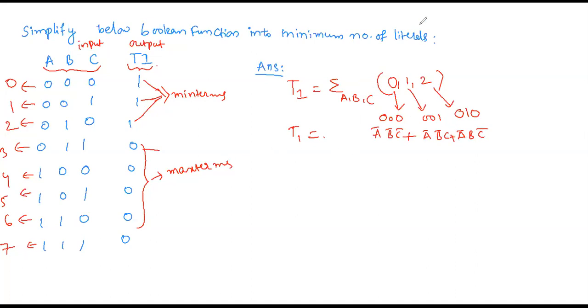So you will get the expression as T1 is equal to A bar B bar C bar plus A bar B bar C plus A bar B C bar. Now using Boolean rules, try to reduce the number of literals presented here.